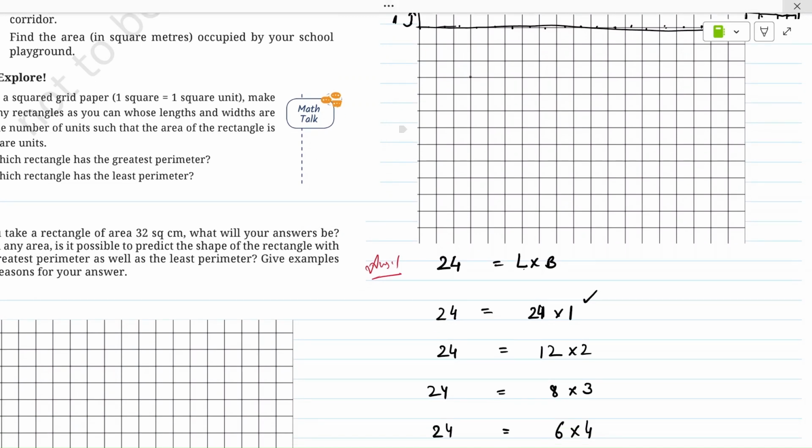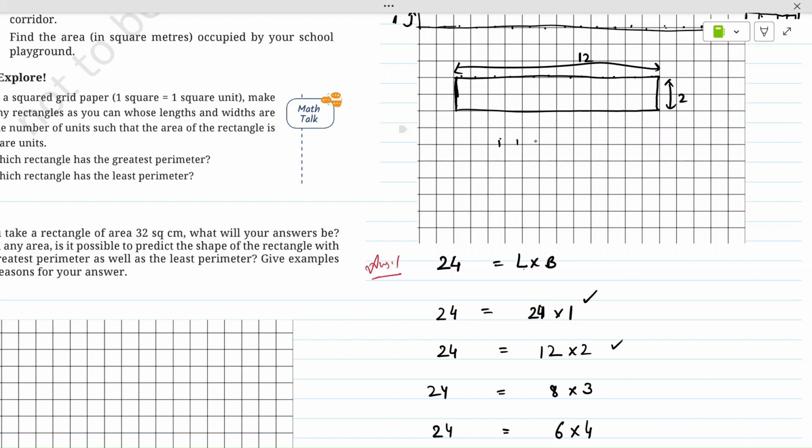Next I am taking 12 into 2. So 1, 2, 3, 4, 5, 6, 7, 8, 9, 10, 11, 12. This and 2. So this will represent 12 multiplied by 2. Next one we have 8 into 3.